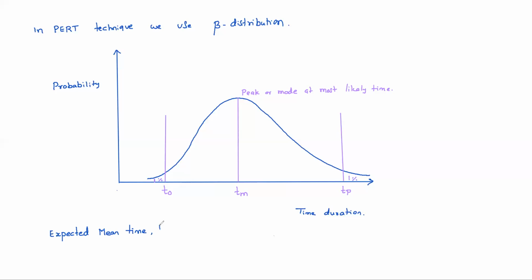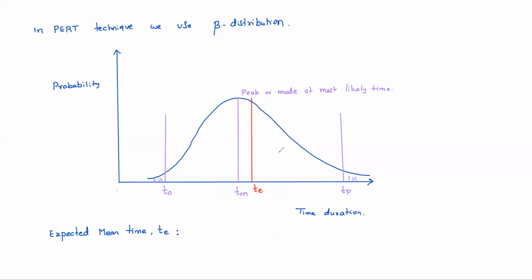Expected mean time, T suffix E. For any activity, you can calculate expected mean time. See what is meant by expected mean time? Expected mean time means the time which divides the distribution equally. That means 50-50%. Suppose this line is TE.